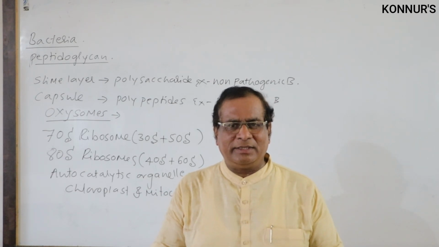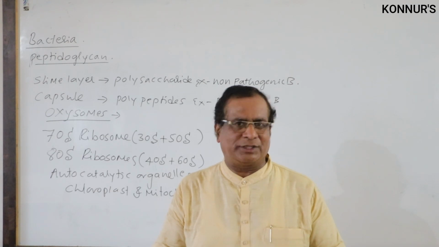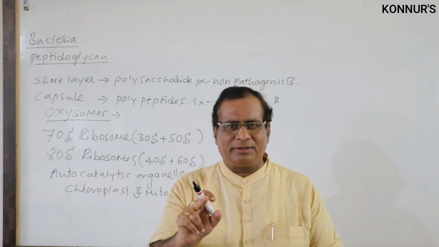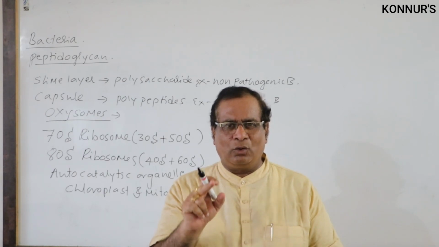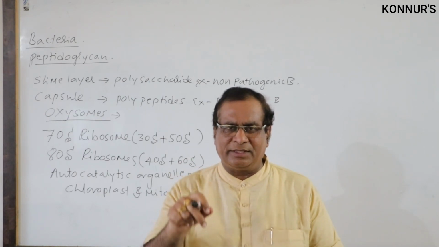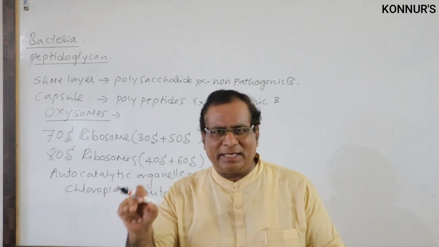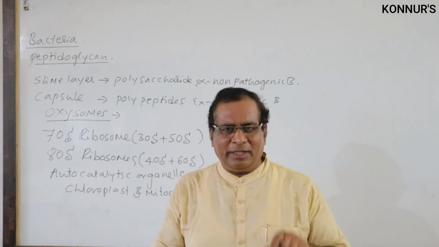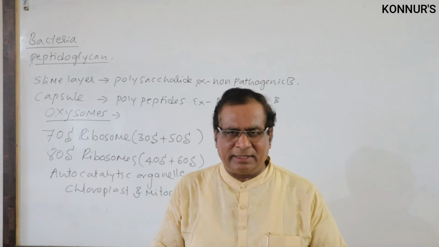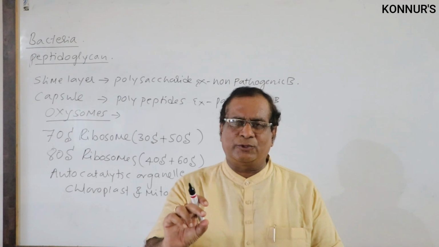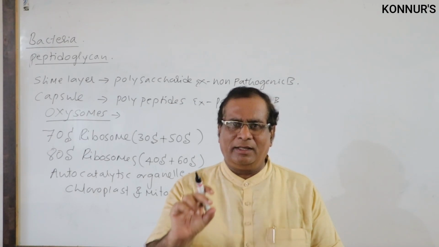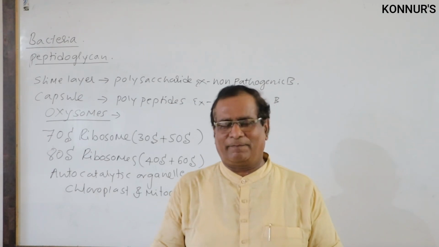And there is an expected NEET question. You know that autocatalytic organelles like chloroplast and mitochondria are present in eukaryotic cells, and they have their own protein synthesizing machinery that consists of ribosome, a piece of DNA, and three types of RNAs.